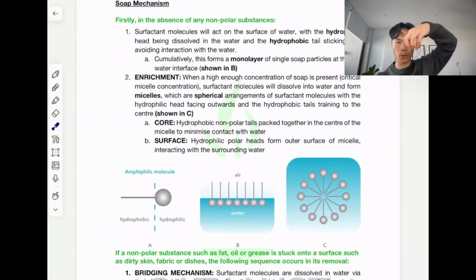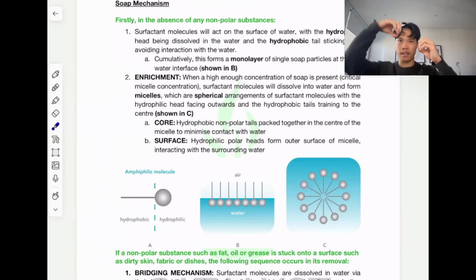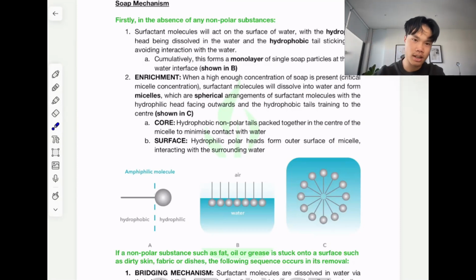This occurs all over the surface of water and it breaks up the surface tension, because now the water molecules at the surface are at an arm's length. They're not hydrogen bonded together. They're now broken apart and there's a soap in between every single water molecule. So the surface tension of water is lower and allows water to penetrate better as a cleaning agent.